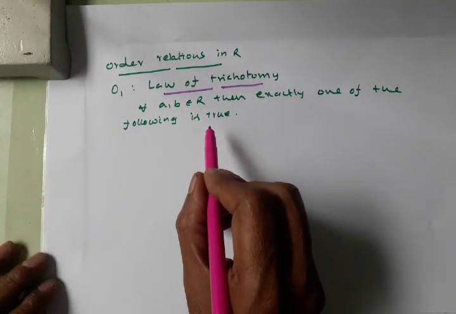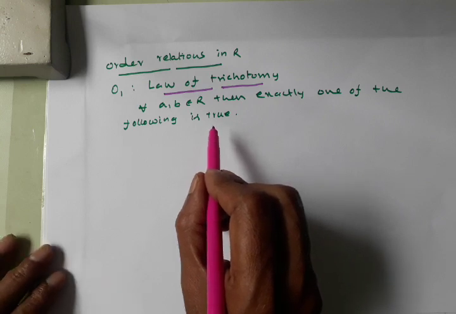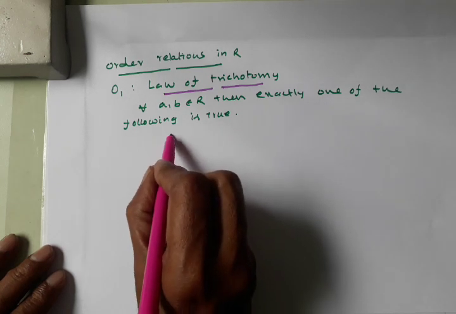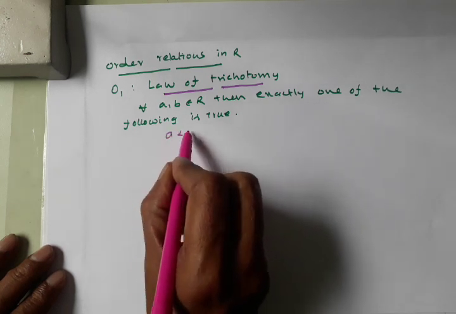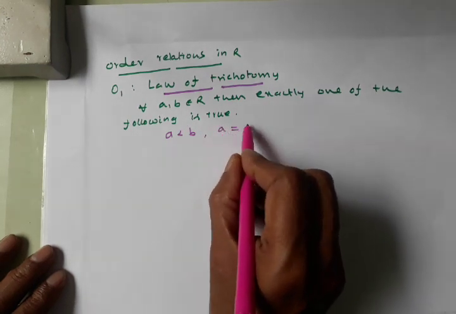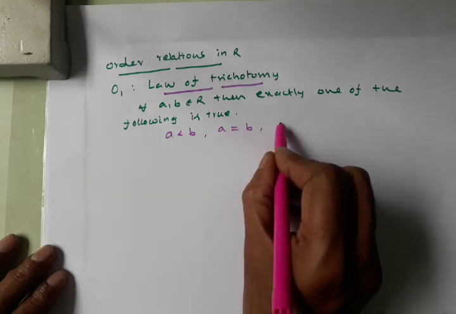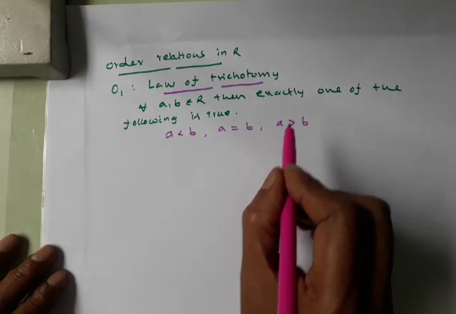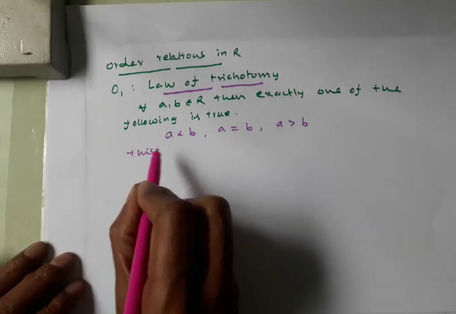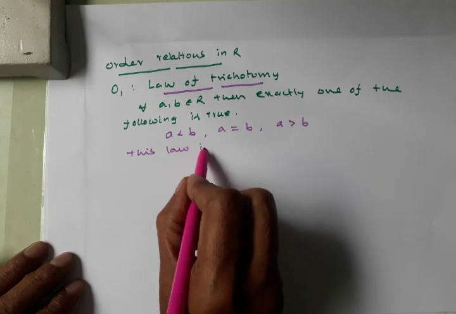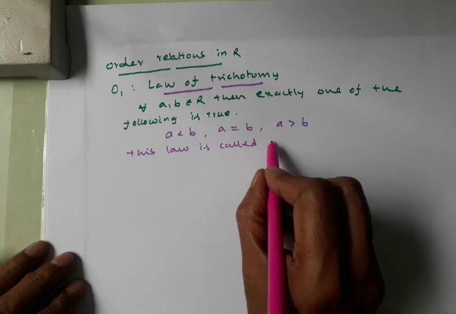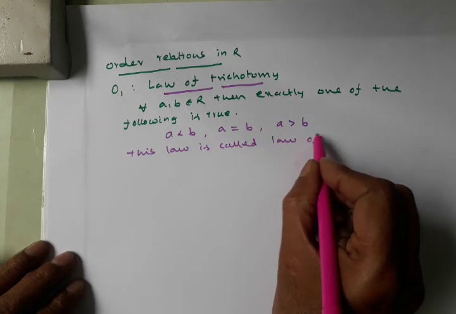For all A, B belongs to R, exactly one of the following is true. What are the ones? A is less than B, or A is equal to B, or A is greater than B. So this law is called the law of trichotomy.